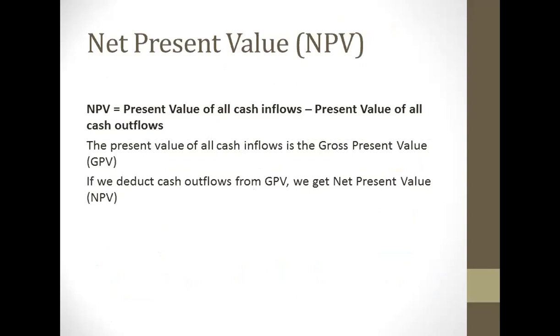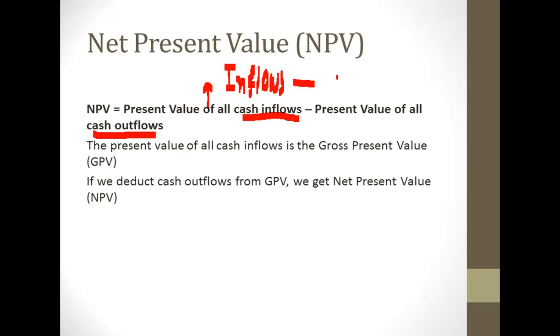Now, what is net present value? Simply speaking, net present value is present value of all cash inflows minus present value of cash outflows. Simply it means it is what we get, or you can say inflow, or what the company gets.